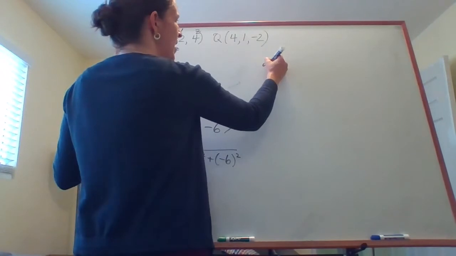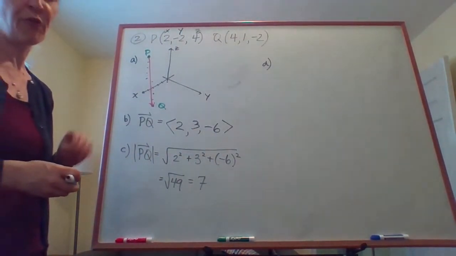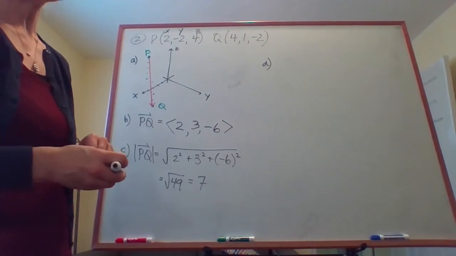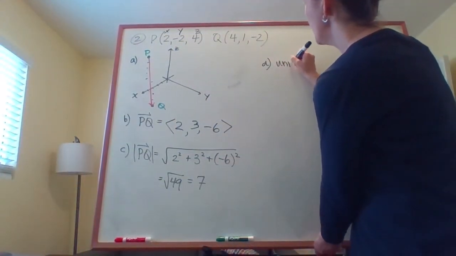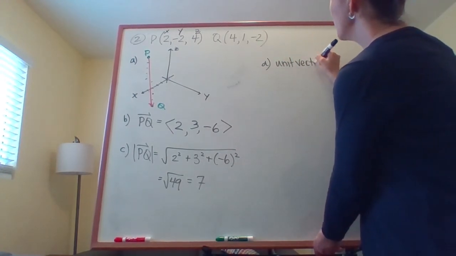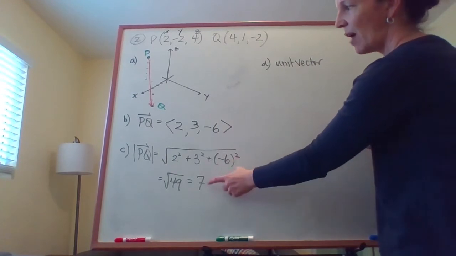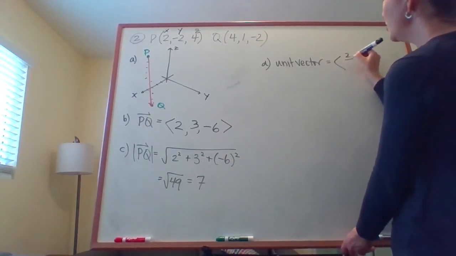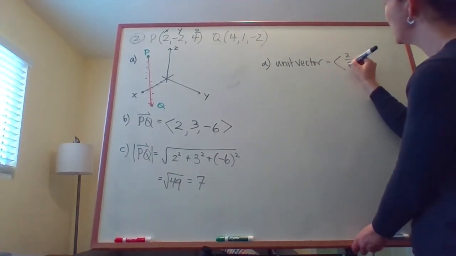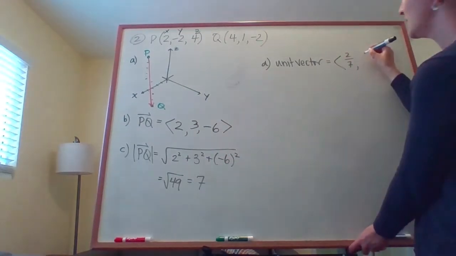In part D, I was looking for a vector with a length of 4 that goes in the opposite direction of PQ. Well, first of all, if I want to get a unit vector, remember, that is a length 1, and that means taking my vector and dividing it by the magnitude. So the unit vector for PQ, and you didn't necessarily have to do this in between steps, is take each component and divide by the magnitude.